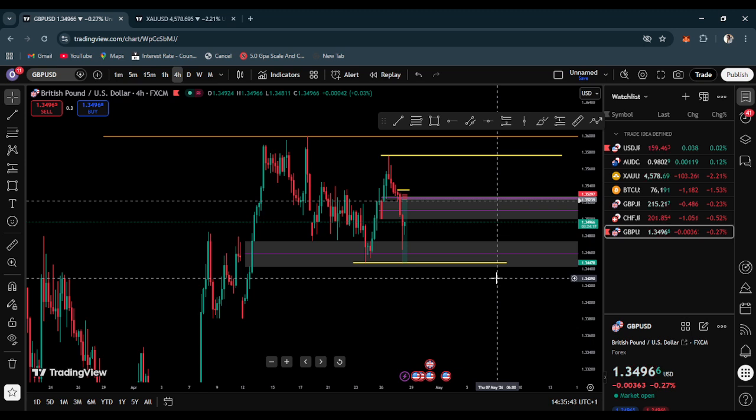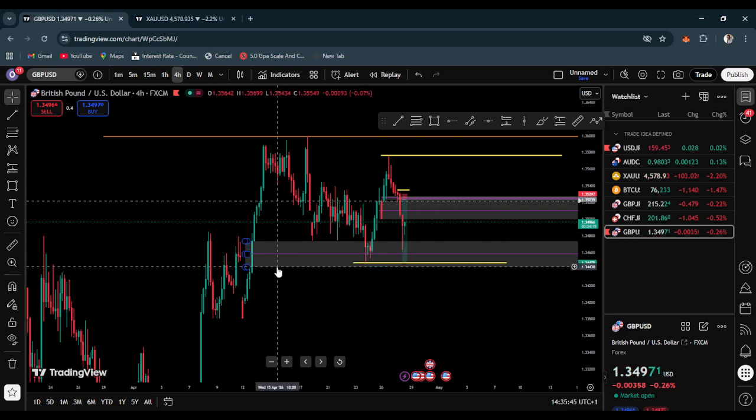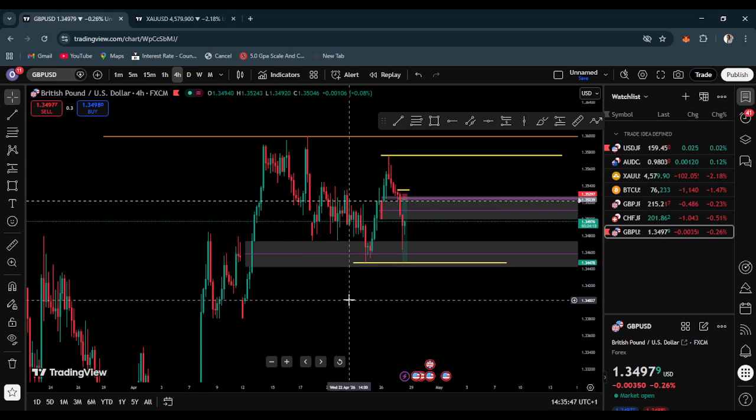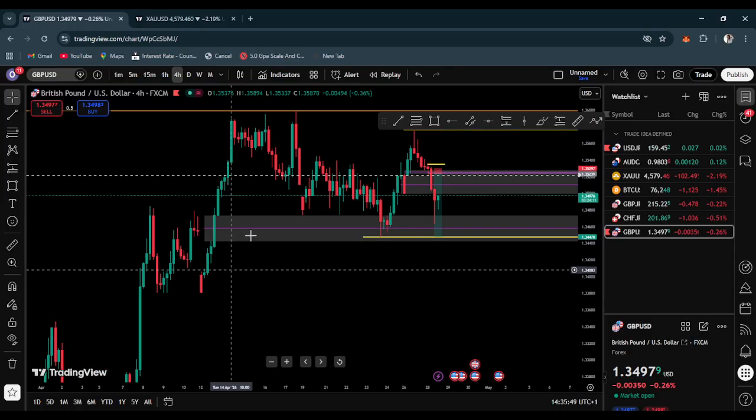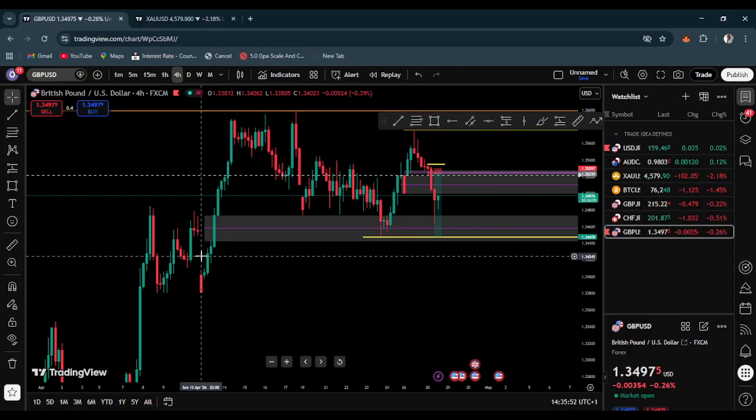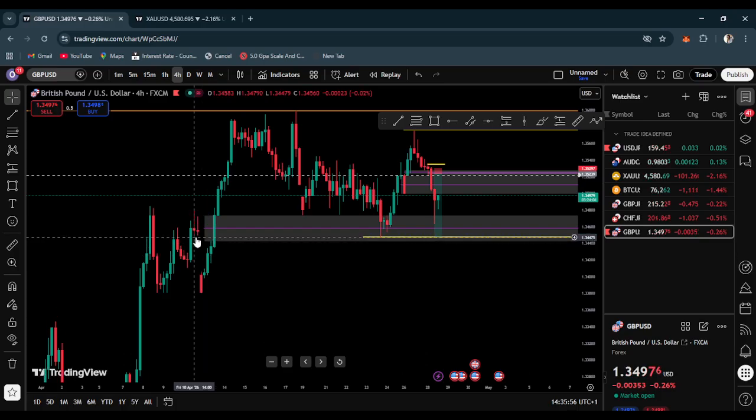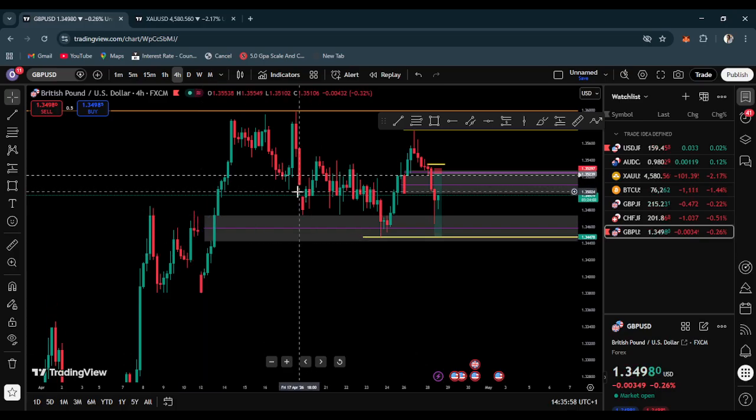I believe what GBP USD might do is, we had this gap from the last 2 weeks. We had this particular gap also.